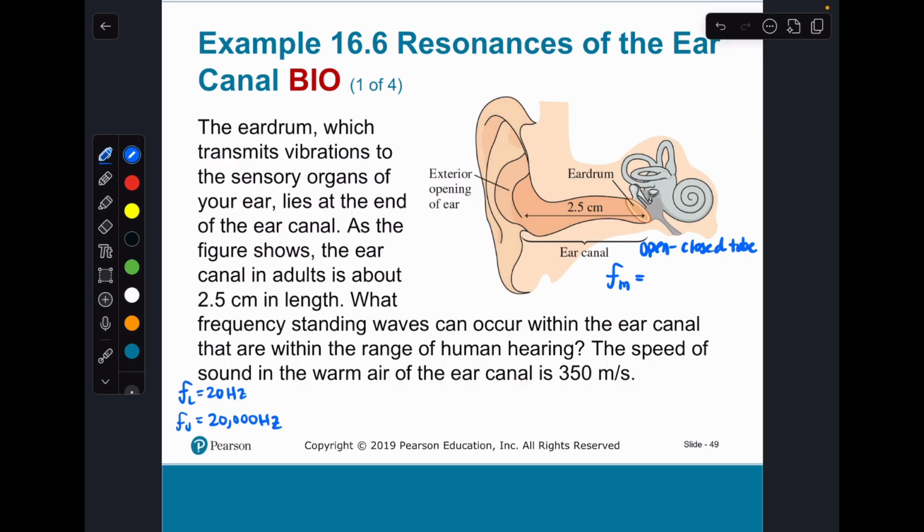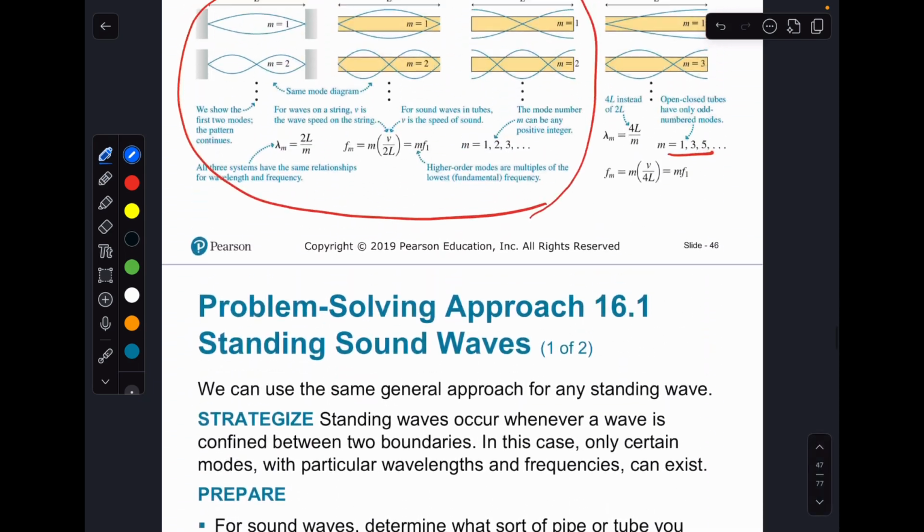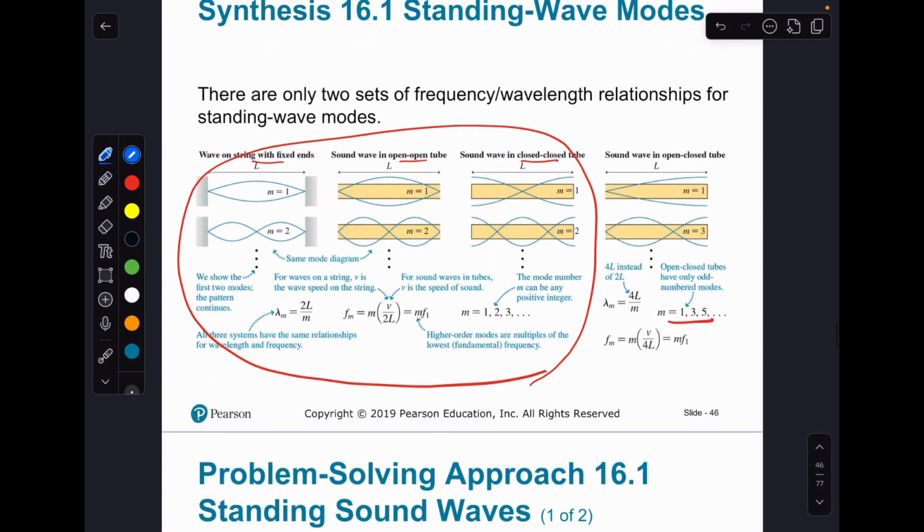So we know that the frequency is going to be equal to the mode times the velocity divided by 4L. We can check that up here.